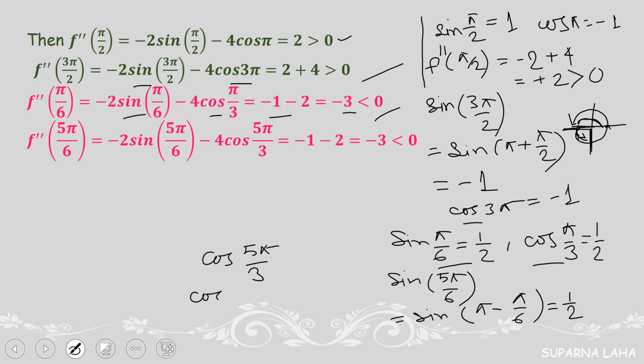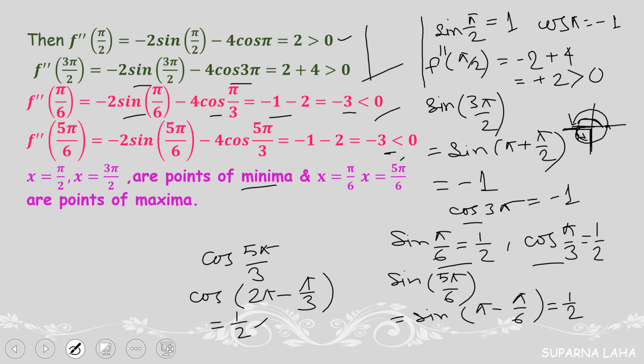We can write this as 2 pi minus pi by 3. That means it is in the fourth quadrant. In the fourth quadrant, cos is positive. So put the half, so minus 3 again, this is less than 0. That means for these 2 points we will find minima, and for these 2 points we will find maxima.